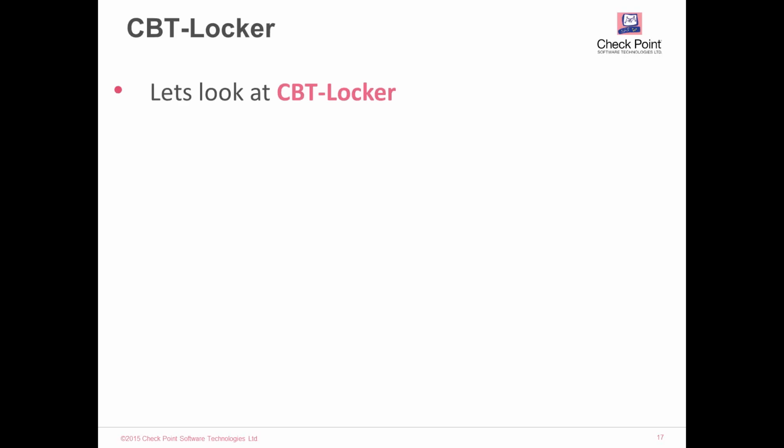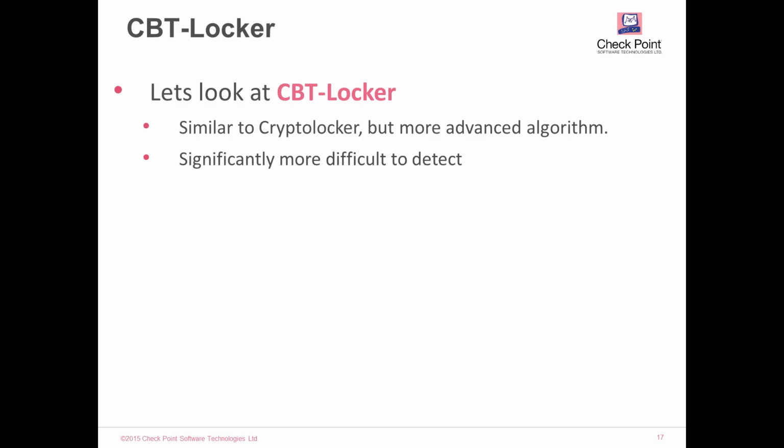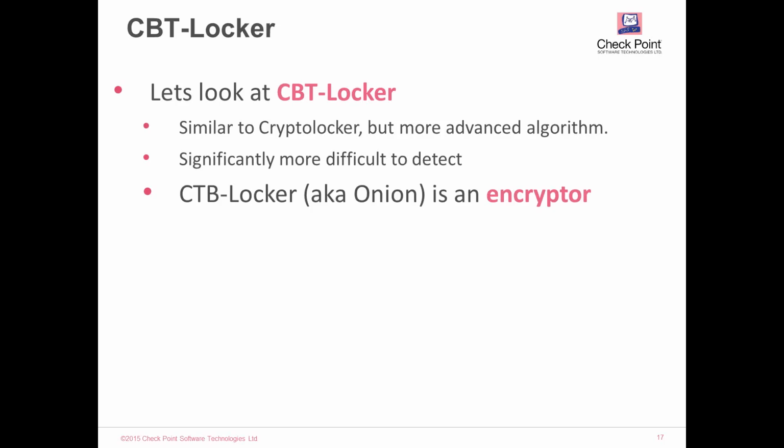So you may have heard of CBT Locker. If not, it's similar to Cryptolocker, but it uses more advanced algorithms in the way that it runs. And because it uses these more advanced algorithms, the reality is it's more difficult for us to detect and obviously prevent.